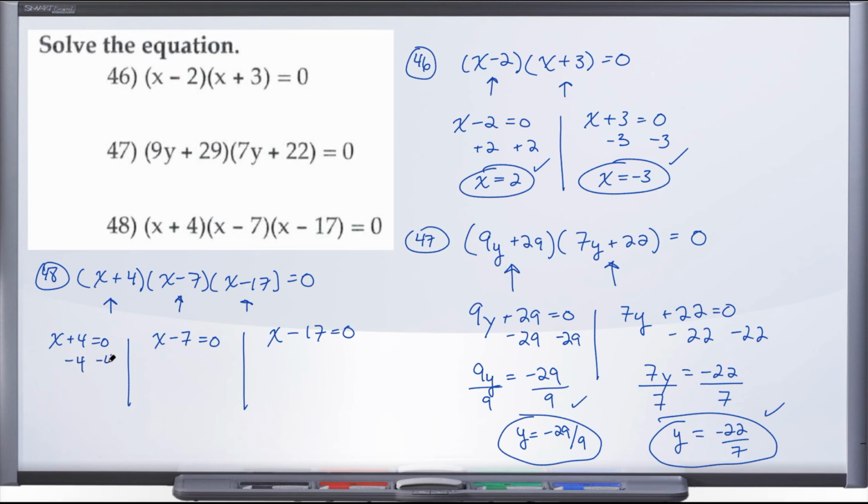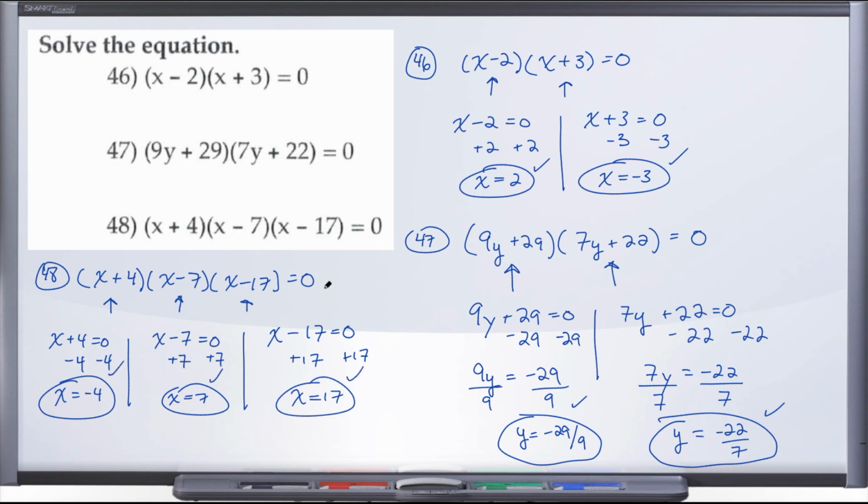So for solving for x, we'll subtract 4 from both sides, so x equals negative 4. Here we'll add 7 to both sides, so x equals 7. And lastly, we'll add 17 to both sides, and so x equals 17. Bam, bam, bam. Number 48.